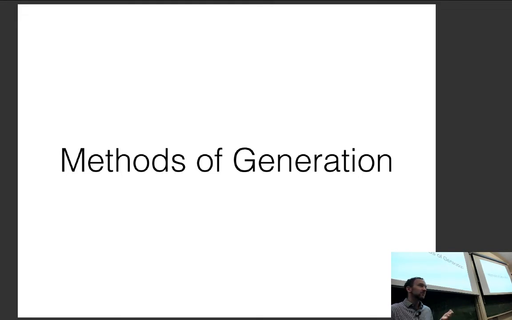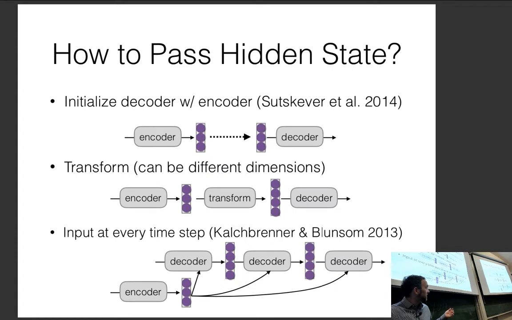Historically, in 2014, there was a paper that I assume many people know called Sequence to Sequence Learning with Neural Networks. And it did exactly this. It basically initialized the hidden state of the decoder with the hidden state of the encoder and demonstrated you could do surprisingly well for neural machine translation. And this was the moment that I decided I really needed to learn about neural networks, actually, when I saw this paper.